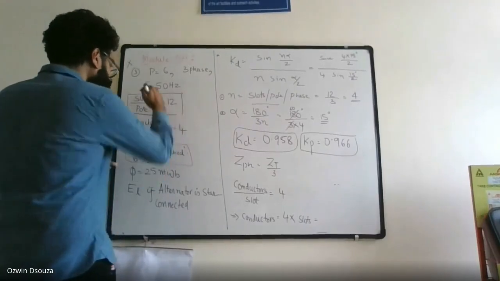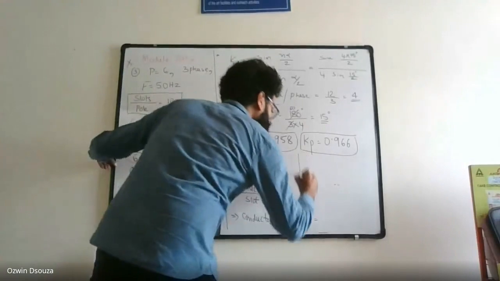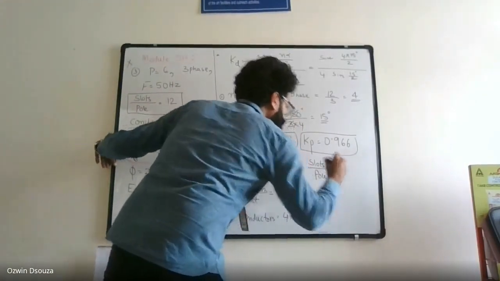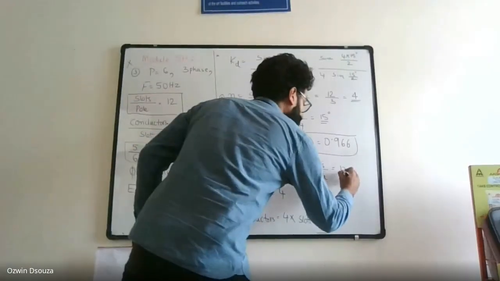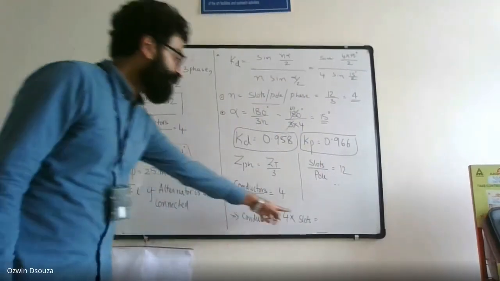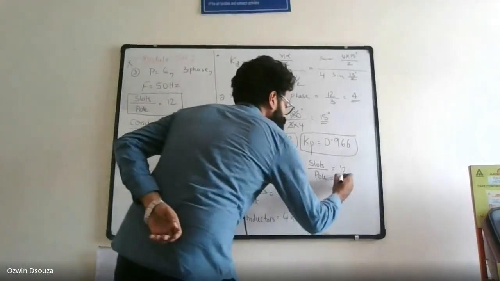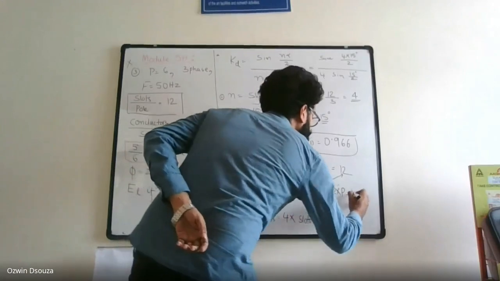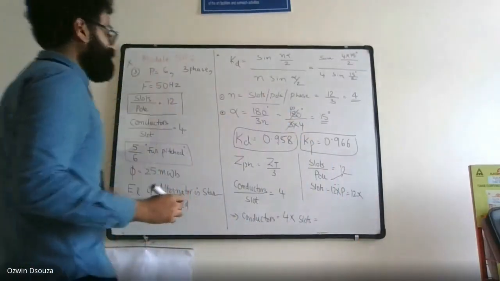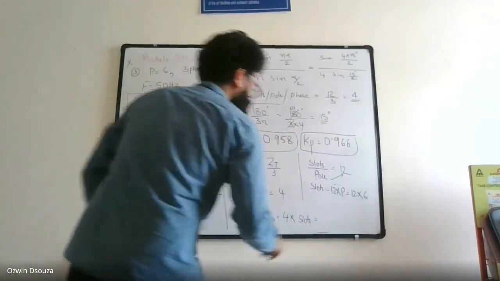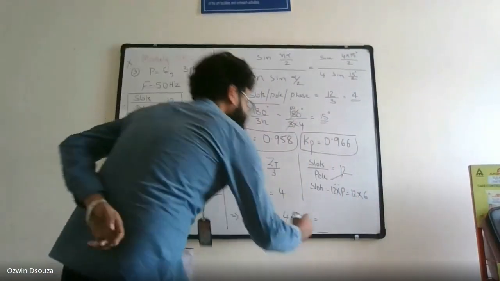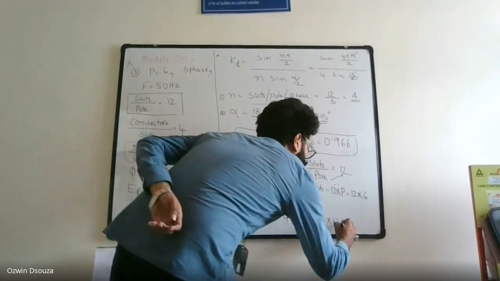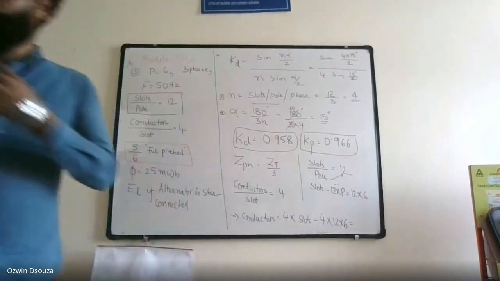What you have is slots per pole, which is 12. But to calculate Z phase, you need slots. So cross multiply: slots is equal to 12 into pole. Poles are 6. So the number of conductors is basically 4 into slots, 12 into 6.